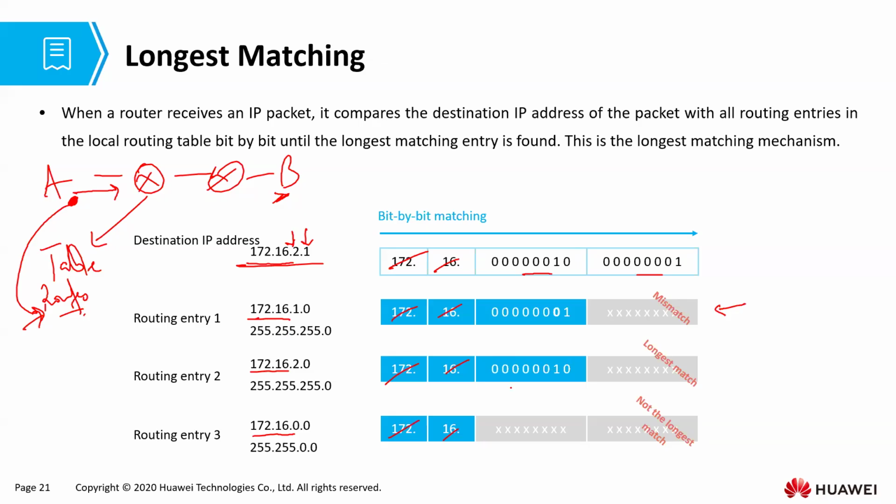Then we take another one, 172.16.2.0 with /24. The other one is /16.